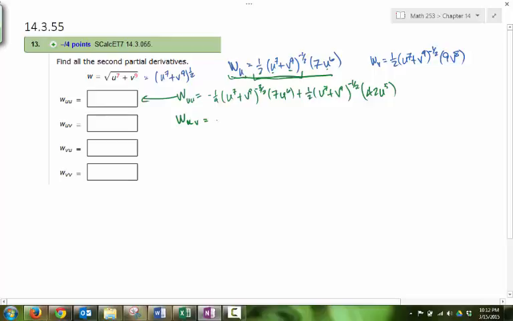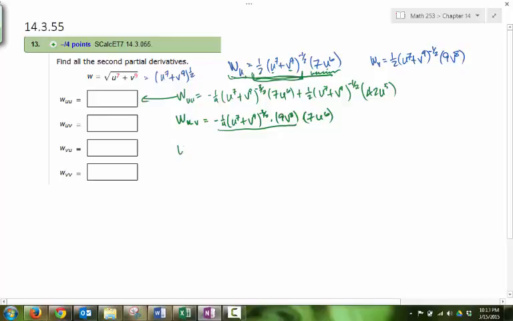So the derivative of that is negative 1/4 (u to the 7th plus v to the 9th) to the negative 3/2 power times the derivative of the inside with respect to v, which is 9v to the 8th. So that's the derivative of this, and then this part here is constant with respect to v, so that's just going to be 7u to the 6th. Okay.